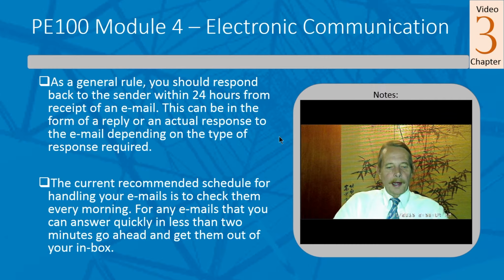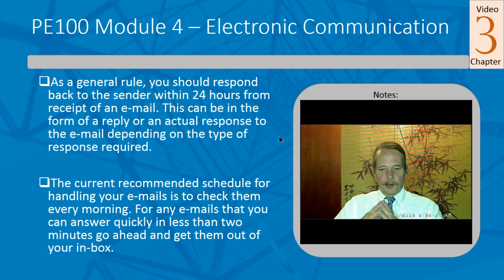So as a general rule, we've established the 24-hour rule, which basically says you need to respond within 24 hours to any email that's been sent to you. Now, when we use the word respond, there's two aspects of that. Respond would be that, oh yes, I have an answer for you. The answer is this, and these are the parameters we need to follow, and there we are.